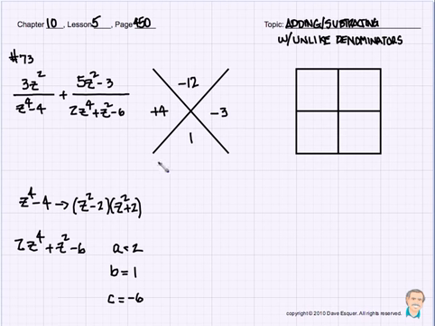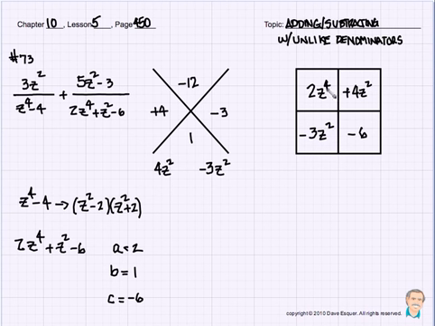And we're going to be using a 4z squared and a minus 3z squared. So let's put those into our box up here. We have 2z to the fourth minus 6, we have a plus 4z squared, and we have a minus 3z squared.